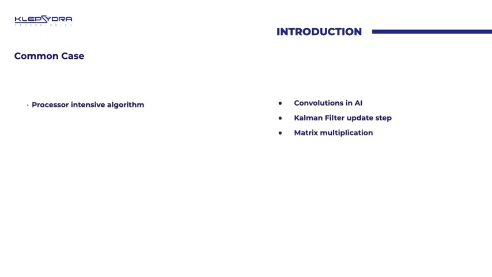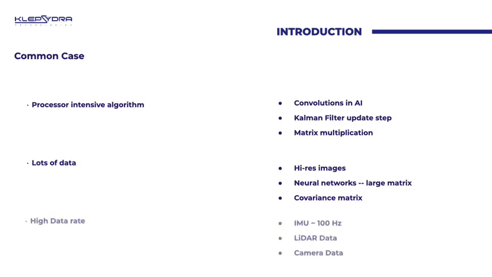One is processor-intensive algorithms, like convolutions in artificial intelligence, Kalman filters, matrix multiplication, etc. And in the case of large volumes of data to be processed, for example, high-resolution images, or LiDAR data, or IMU data, all these sensors that produce data at a very high rate and in large volumes, Klepsydra SDK can be used to process them in a more efficient way in real time. So, on one hand, processor intensive, on the other hand, large volumes of data.